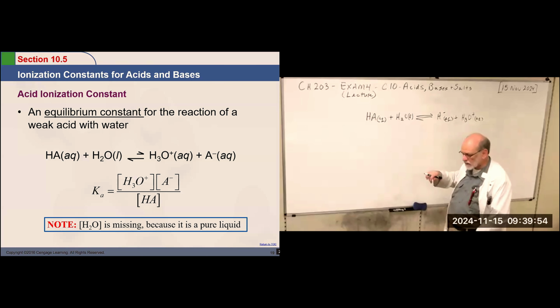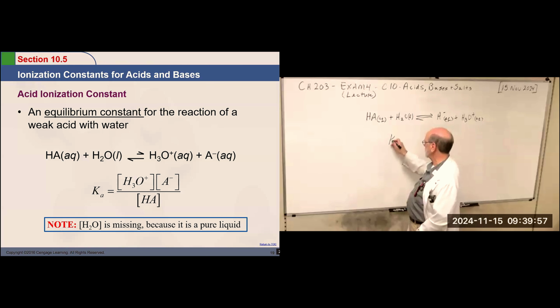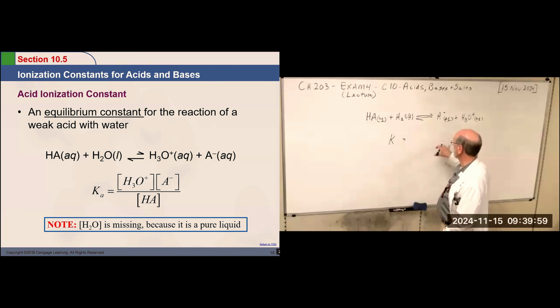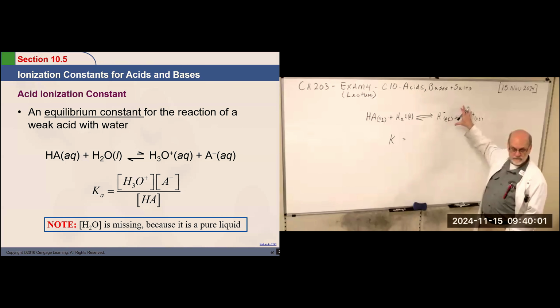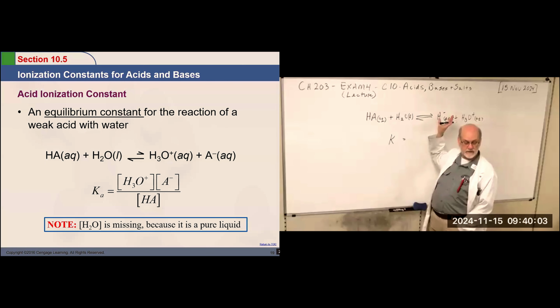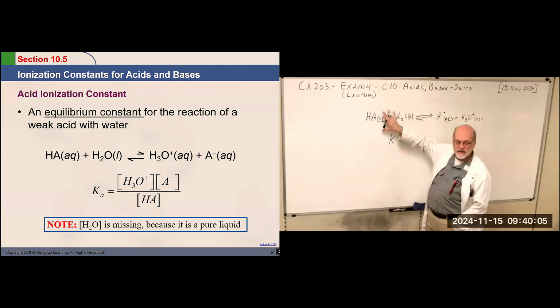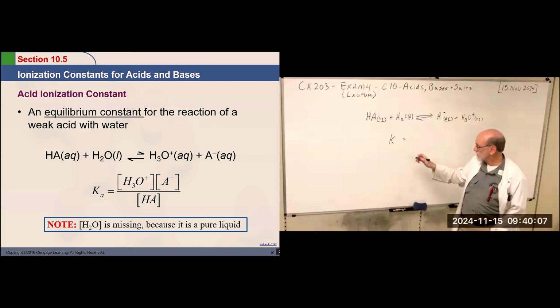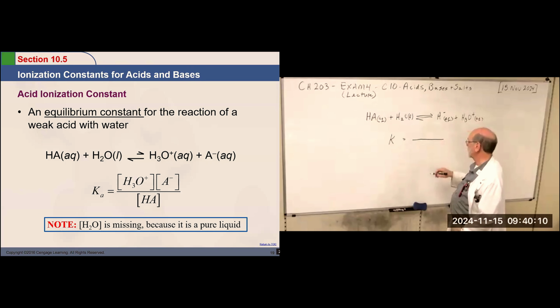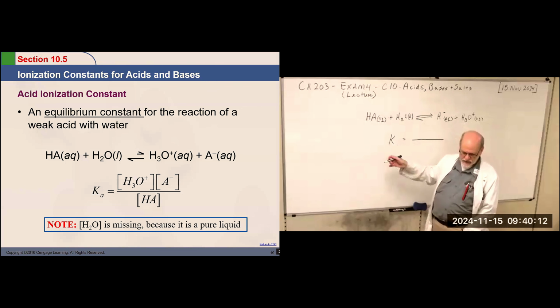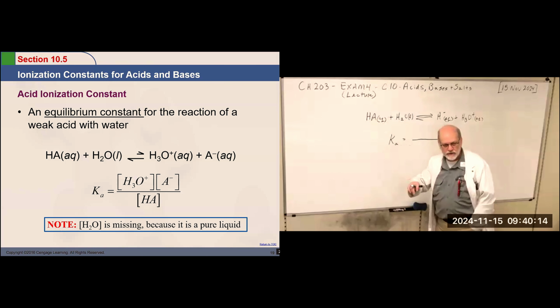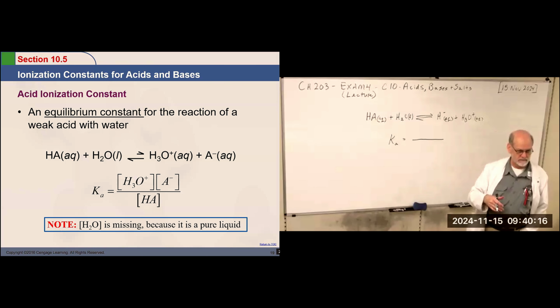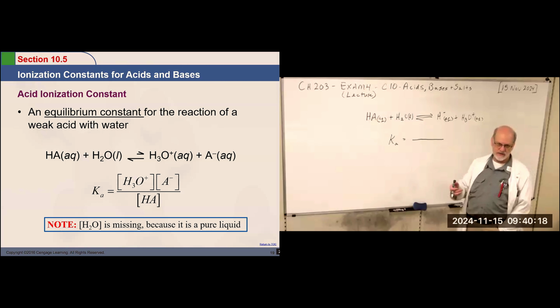Remember how we write the equilibrium constant for this one? The product of the concentrations of products divided by the concentration of the reactants. So we would say K, and this has a subscript of A referring to the acid dissociation. Or actually, it should be called the acid ionization constant.